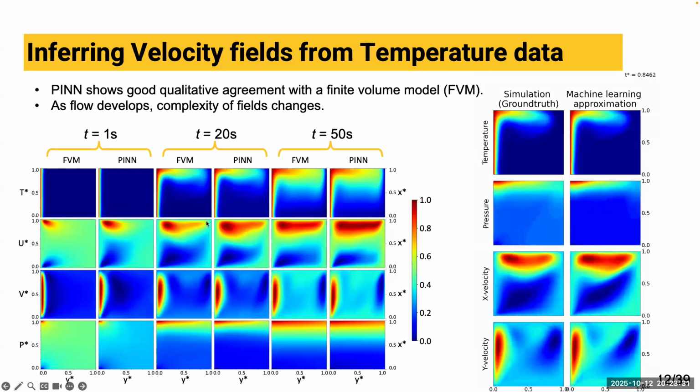Okay, so now we use the trained PINN to predict the temperature, x-y velocity, and pressure fields. And now I'm showing the prediction at time equals 1 second, 20 seconds, and 50 seconds. And we're comparing our PINN prediction with the simulation result. So of course, at the beginning, the entire fluid domain is at initial temperature, very low temperature, which is around 0.